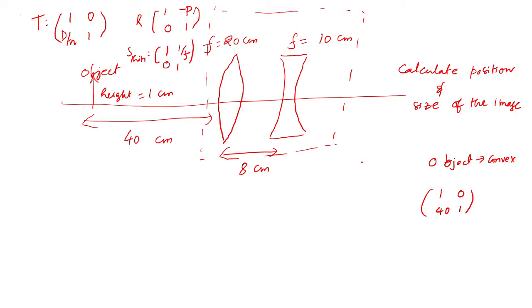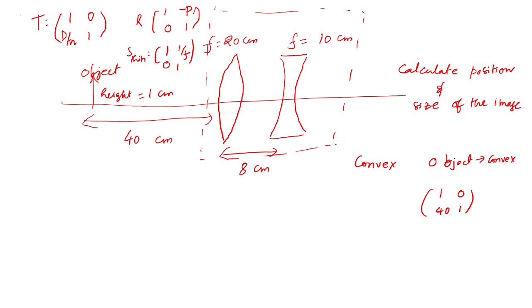Then you have the convex lens itself, and here we have a thin lens of 20 centimeters. A convex lens is a positive lens because it's converging. Remember, I told you this in the very first lecture, to have a back of the envelope ray diagram: if you have three rays going through this, the middle ray takes longer time, so it converges, whereas if it is going through this, it diverges.